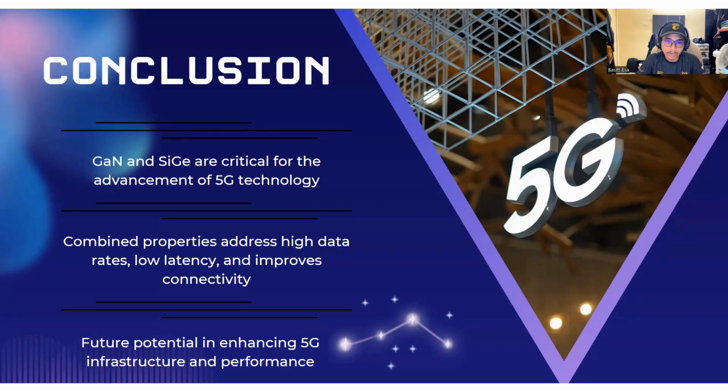By its capability to operate at higher voltage and temperature requirements, GaN assures robust performance and reliability. Furthermore, the superior thermal management realized by GaN helps to maintain efficiency and device longevity, which is vital for continuous and high-speed data transmission as demanded by 5G technology.